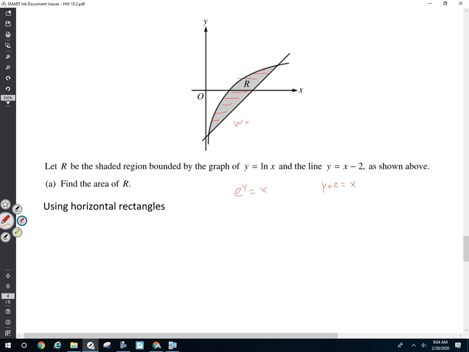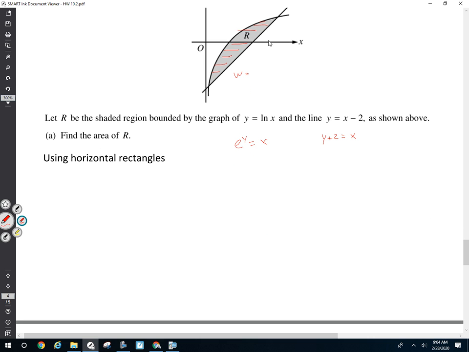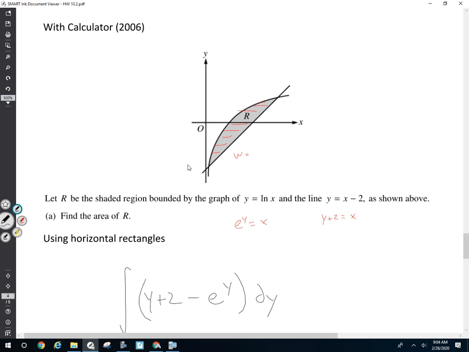But the one thing I don't know is these intersections. So since this is a calculator problem, when I do set up my integral, I know it's going to be this right x distance minus this left x distance. But now I need to find my boundaries, my intersections, the y coordinate here and the y coordinate here. So I'm summing up from bottom to top.